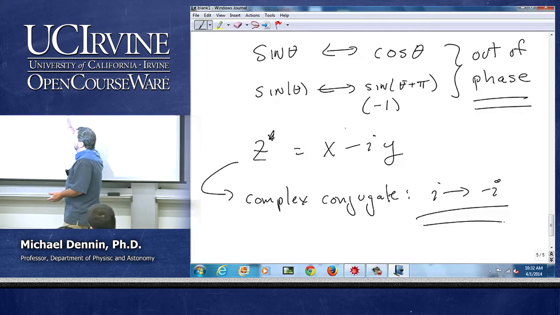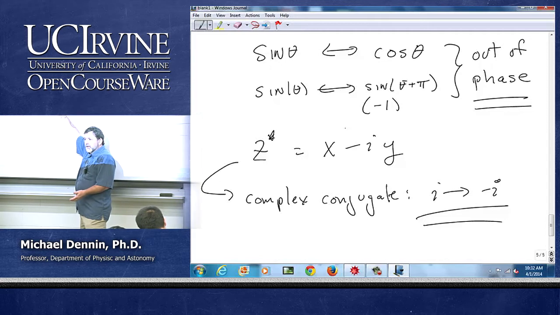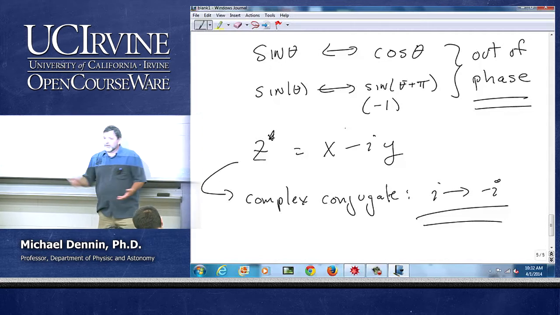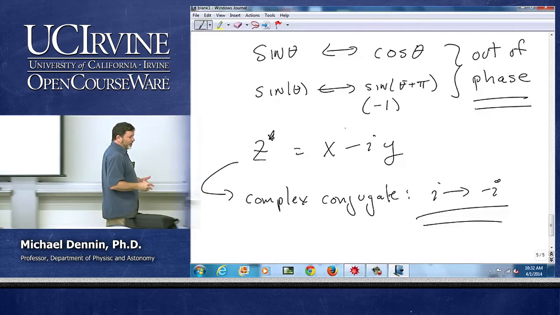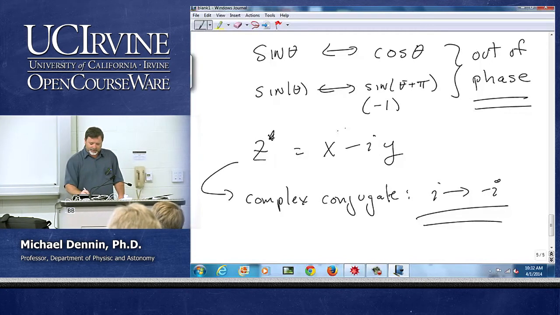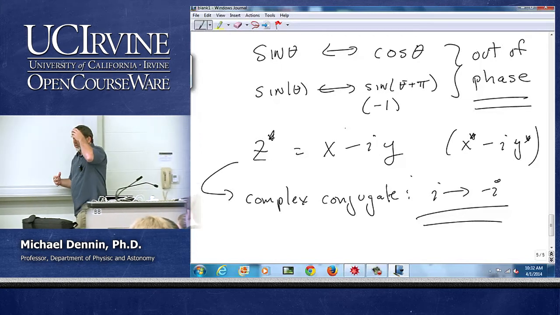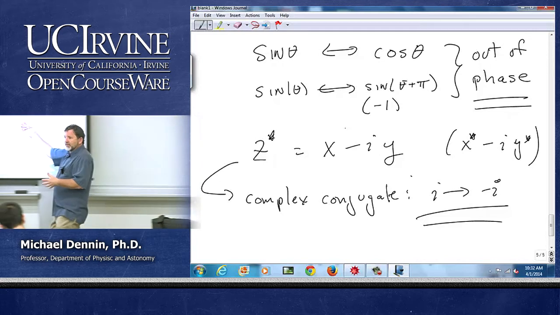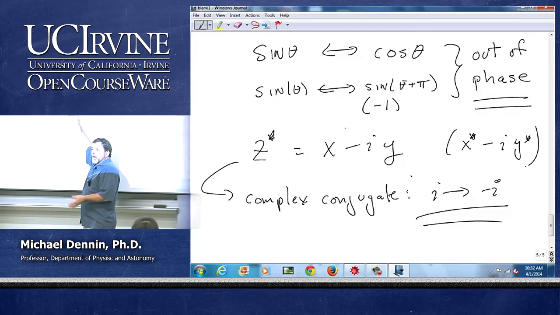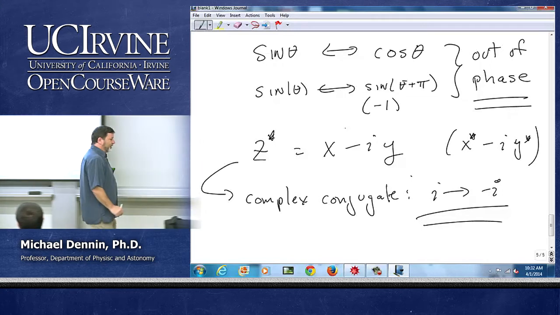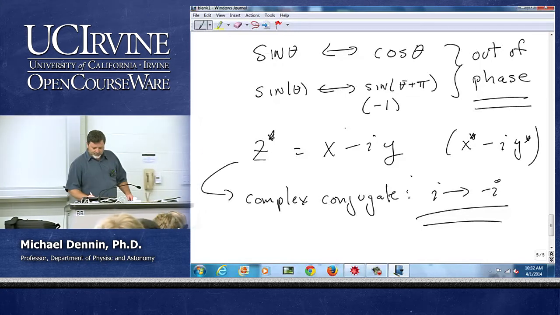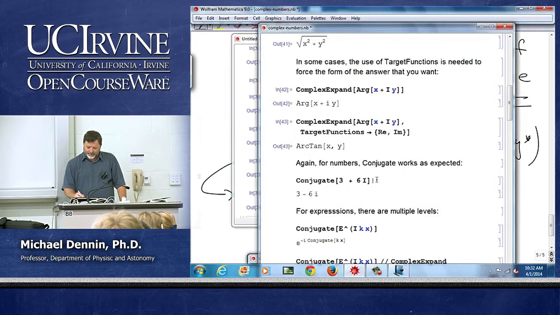Now again, if x and y were complex, I couldn't just do this. I also have to make sure I'm taking the complex conjugate of x and y. So I would have to write it like that. But normally, when we've explicitly put our i's in, we are assuming x and y are real numbers. That's our convention in our notation. Mathematica isn't going to deal with that convention.